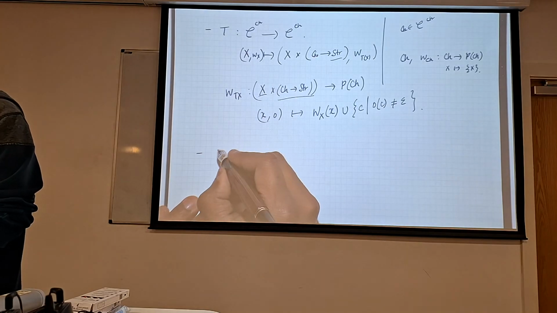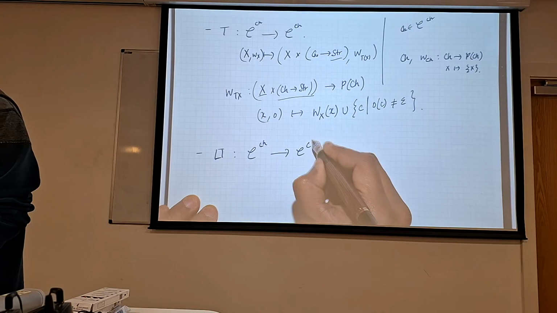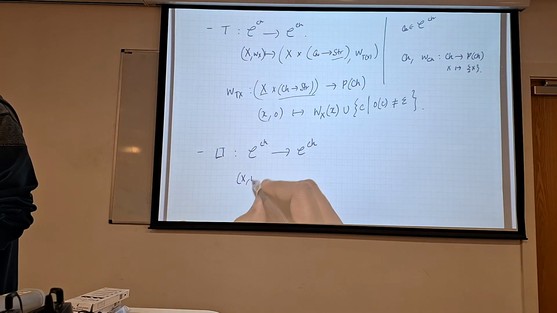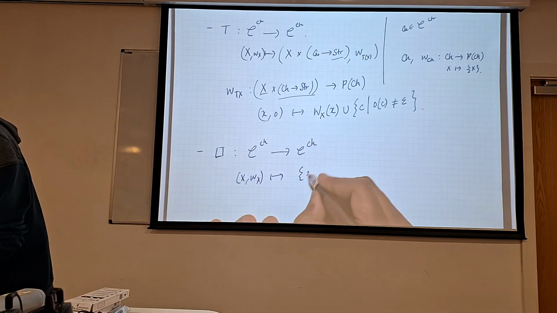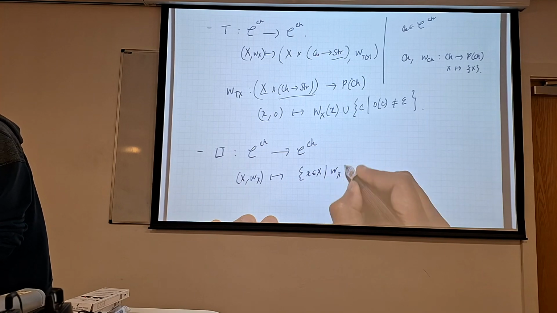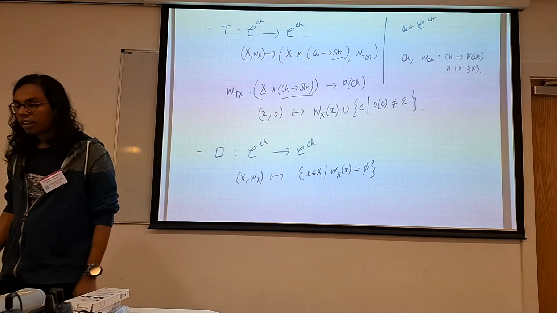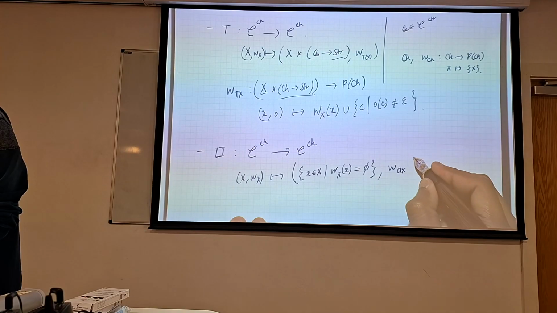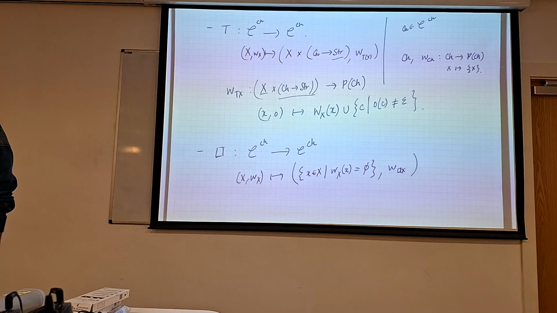And then there is a comonad, which says I will pick those X for which this is empty. And you have to give a box of X, but this would just be the empty set.